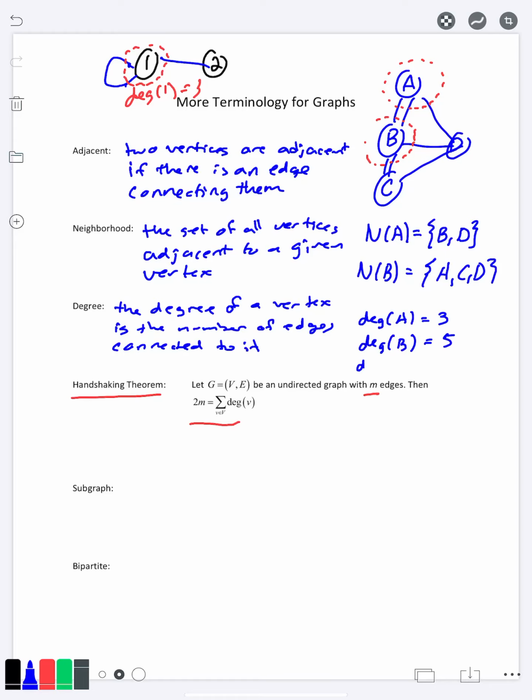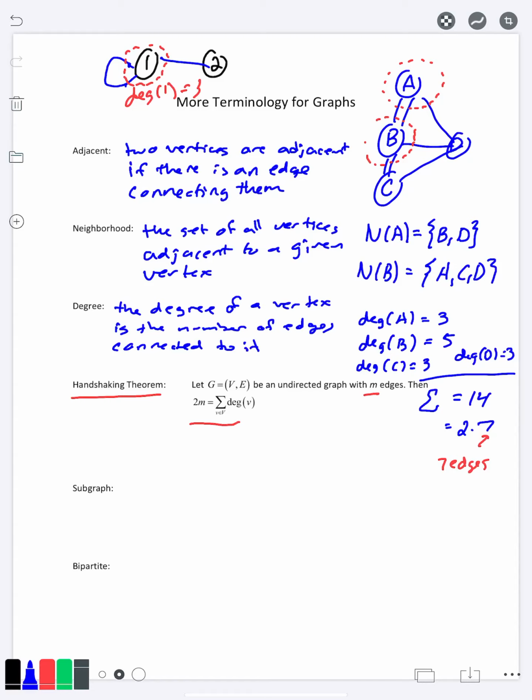Let's do degree of C is 3, and degree of D is 3. And if you add them up, the total, this is what this symbol means in math, you're going to get 14 here, which is the same as 2 times 7. And we said before, there are 7 edges in the Bridges of Konigsberg graph.